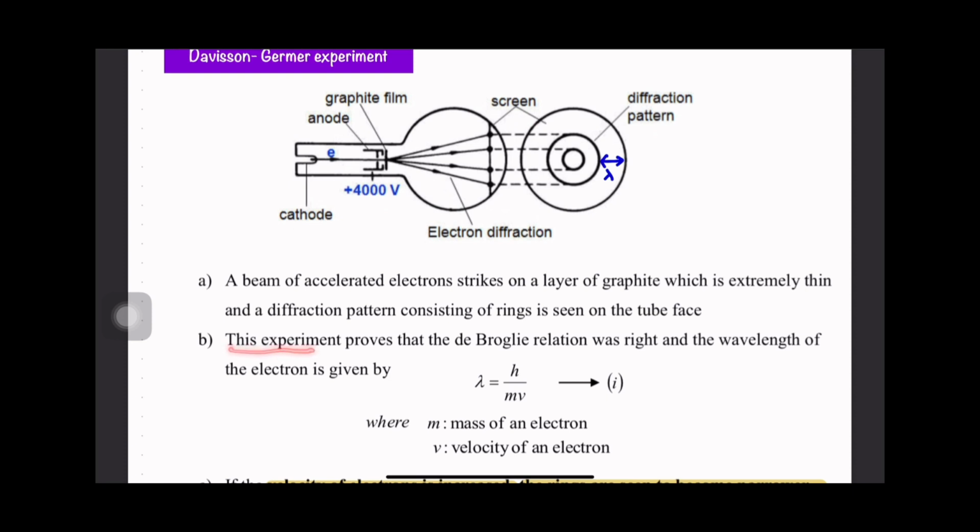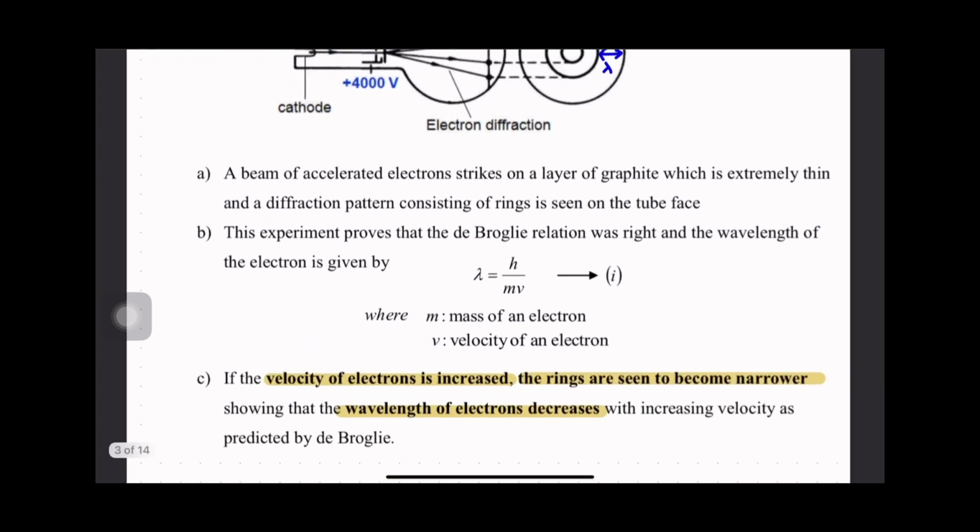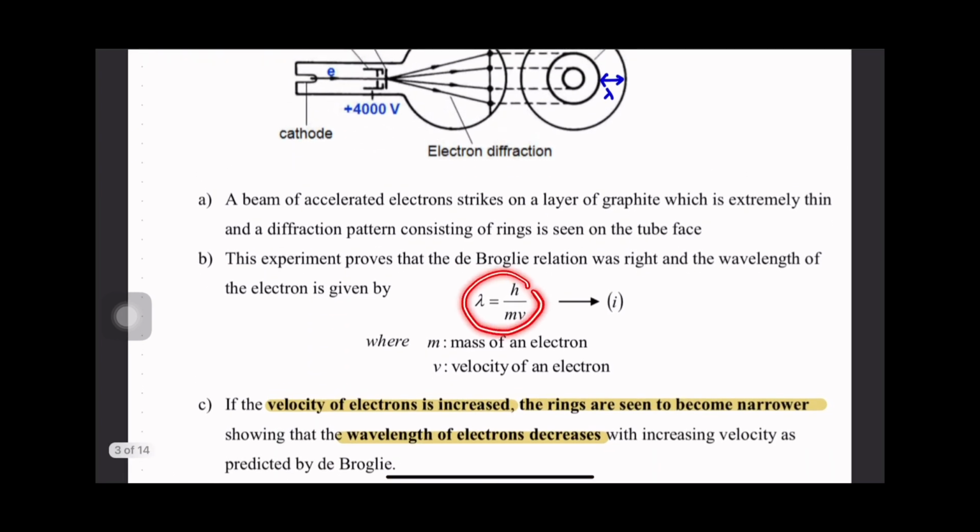This experiment proved that the de Broglie relation was right and the wavelength of the electron is given by the equation lambda is equal to h over mv. Whereas if the velocity of the electron is increased, we can see that the wavelength is decreased.